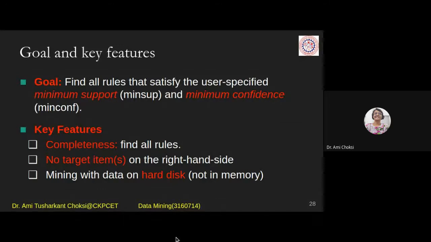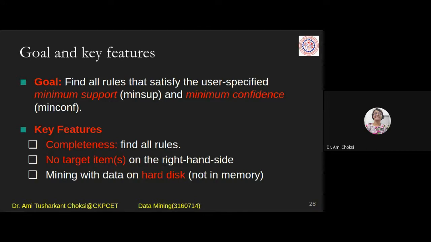Key features are completeness, that is find all rules, no target items on the right hand side, mining with the data on the hard disk, not in the memory. What do we mean to say that? If we are considering in the memory, that means small data is there. In RAM, how much data can be? But what we are saying is mining the data which is there on the hard disk.